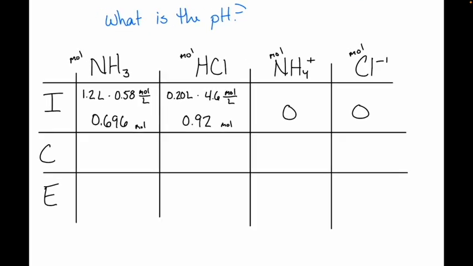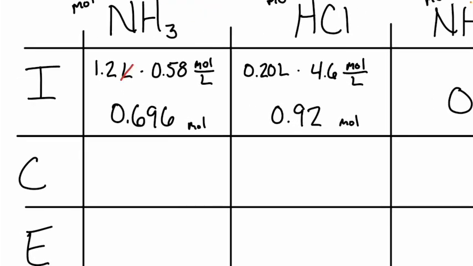All right, so volume times concentration gives you moles. Again, we're going to play that game a lot. My volume in liters times my concentration in moles per liter, liters cancel out, I'm left with moles.